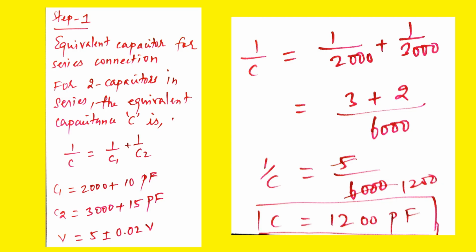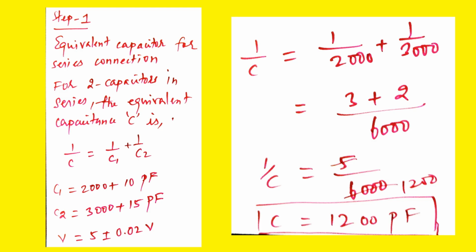That means 1 by equivalent capacitance is equal to 1 by capacitance of the first capacitor plus 1 by capacitance of the second capacitor. If you do that, we can calculate the equivalent capacitance from there.